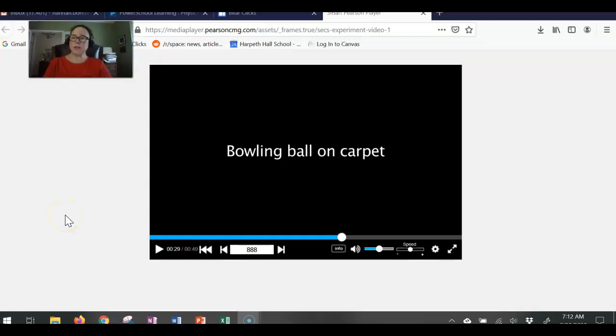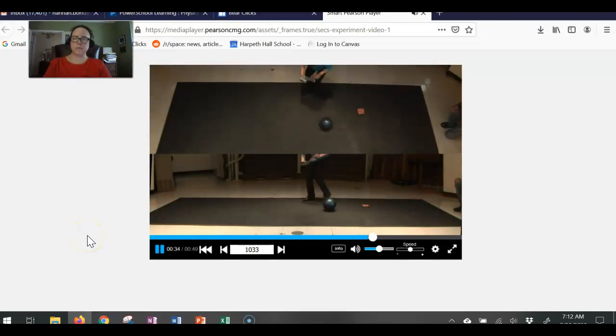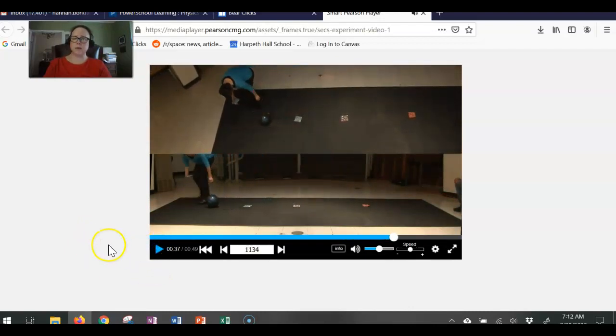Now let's look at what happens if we roll the bowling ball across a piece of carpet. So now the bowling ball seems to be slowing down.